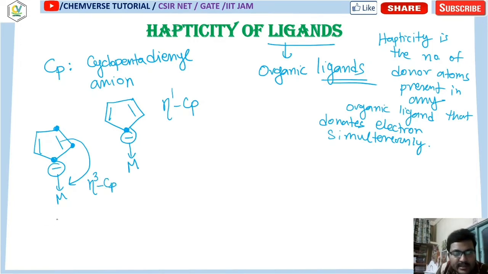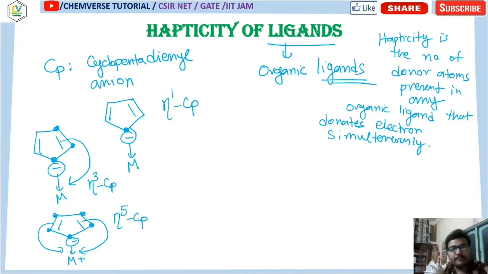Another possibility is that both pi bonds along with the negative charge are donating. So here all the atoms behave as donor centers, and it is hapto 5 Cp.